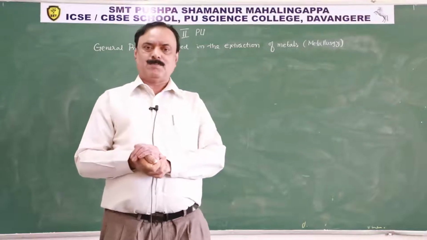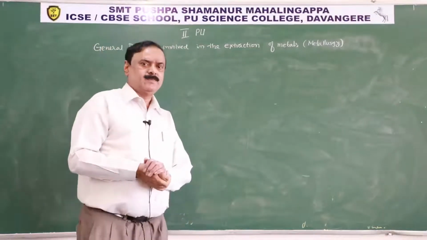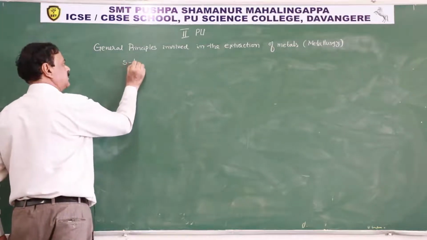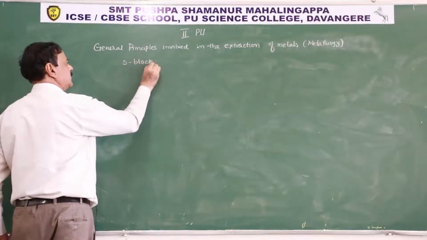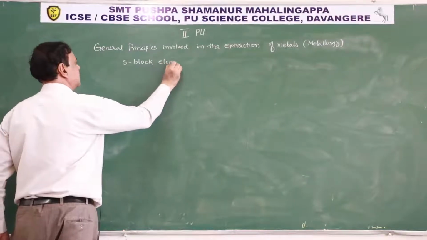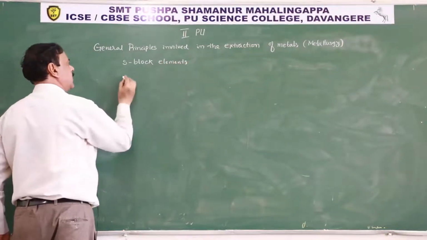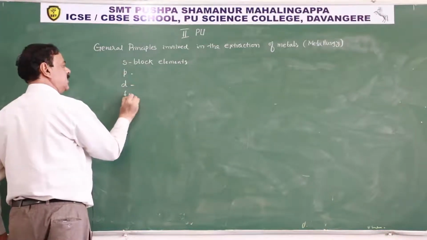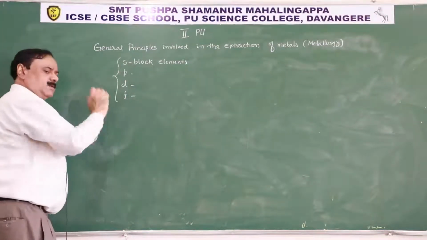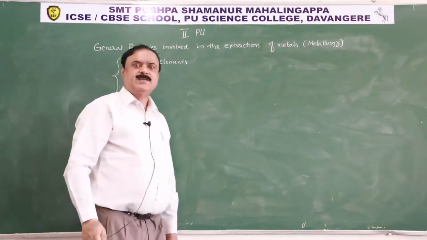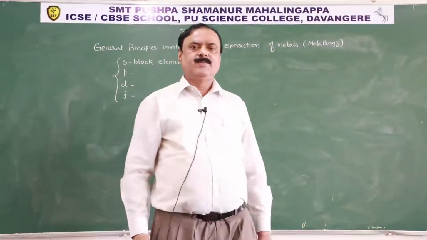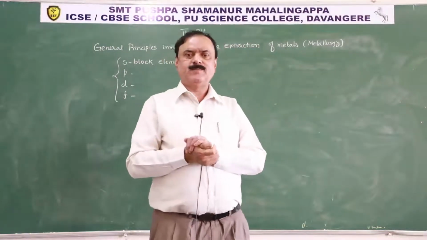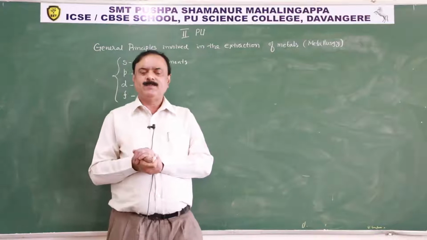When you come across the modern periodic table, it consists of S block elements, P block elements, D block elements, and F block elements. They are classified on the basis of their electronic configuration. The first two groups of the modern periodic table are called S block elements.